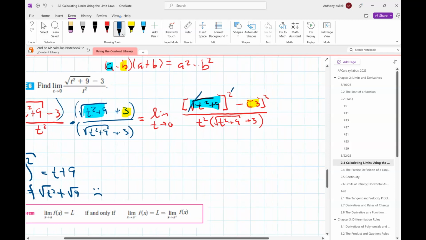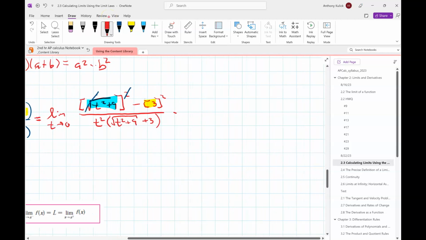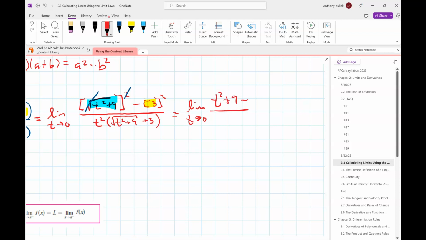Here's the great part. Squared cancels the square root. So I'm going to have t squared plus 9 minus 9. Those guys cancel each other out. The t squareds can then reduce.